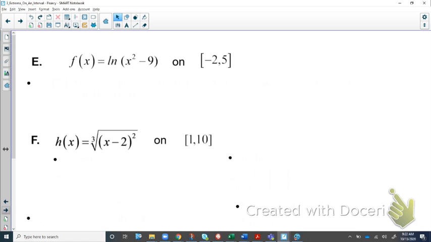So the next ones here, F and H. F is really testing you on your understanding of log functions. So generally speaking, a log function can't have anything that's going to be a negative number as an input, because you can't take the logarithm of a negative number.